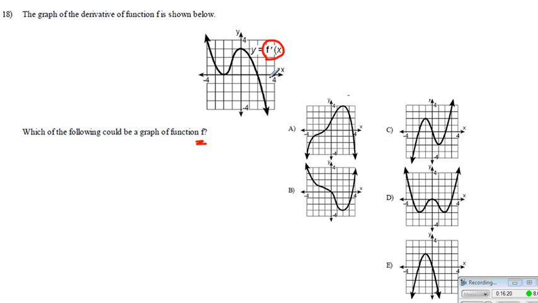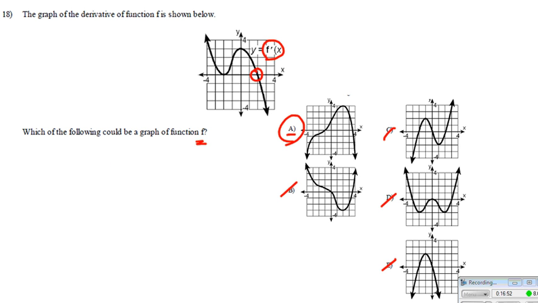For example, this point is very important because this is a place where we're going to have positive to negative, meaning relative maximum. So when x equals 2, we got to have relative maximum, which will be possibly A, not C, not B, because we have relative minimum here, relative minimum, and, oh well, the only thing that's possible is choice A.